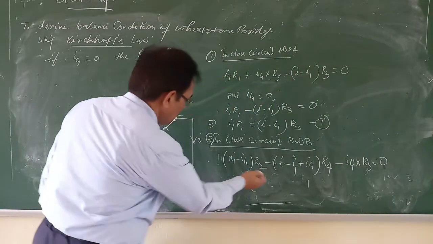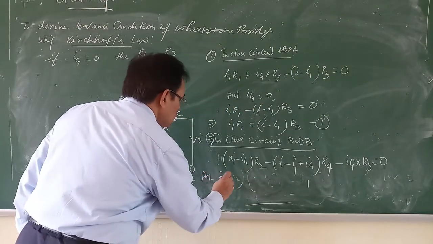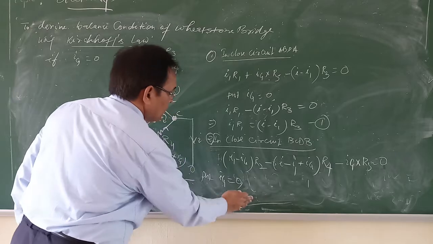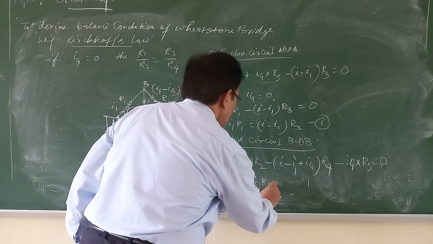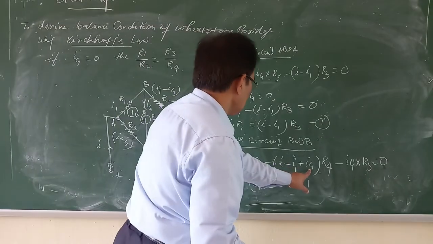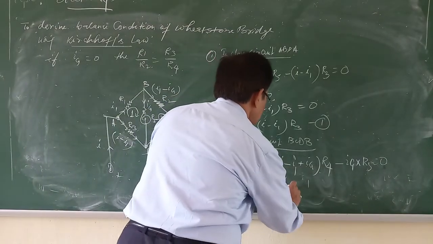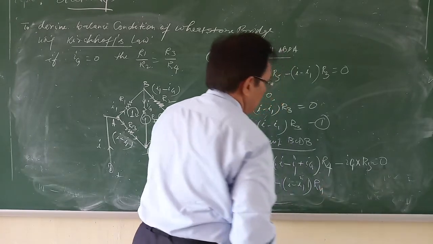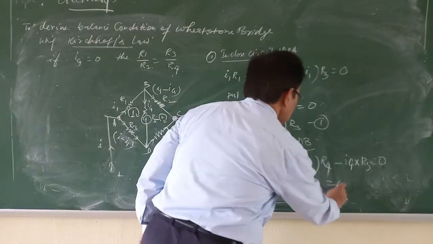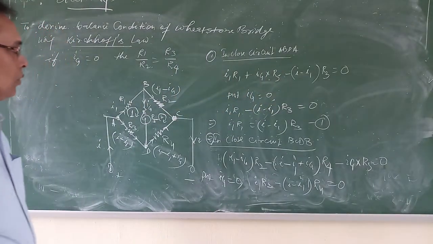Now here also the condition applies, Ig equal to 0. Then this value will be I1 R2, and this is also 0. So minus I minus I1 into R4, and Ig again 0. So this is equal to 0.